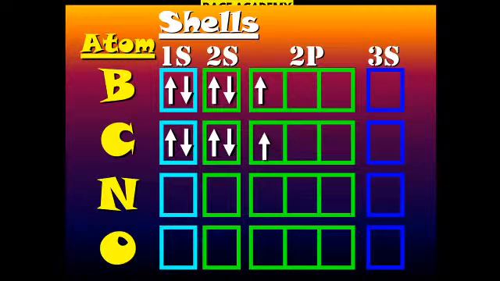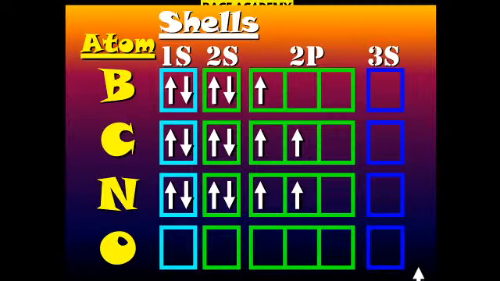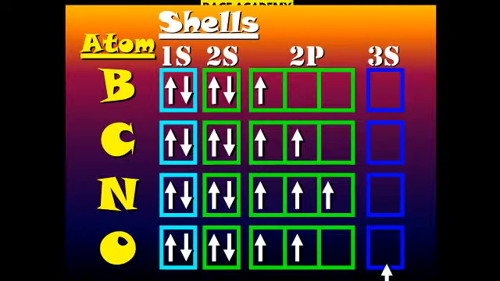Nitrogen here has 7, carbon has 6. We have different ideas here. If you observe here, how the 7 comes, there are 3 unpaired electrons in the nitrogen case, that is giving stability according to these ideas.